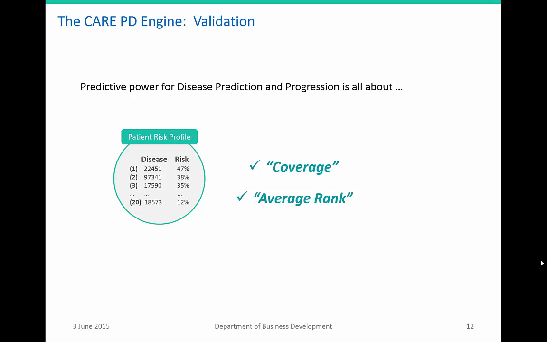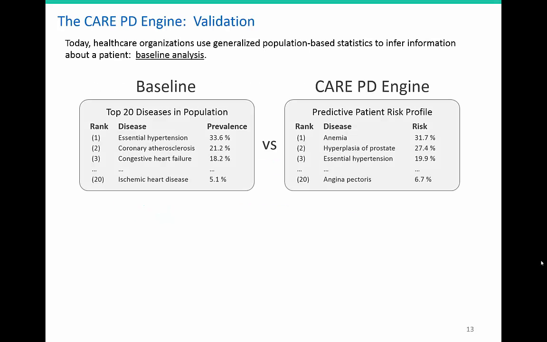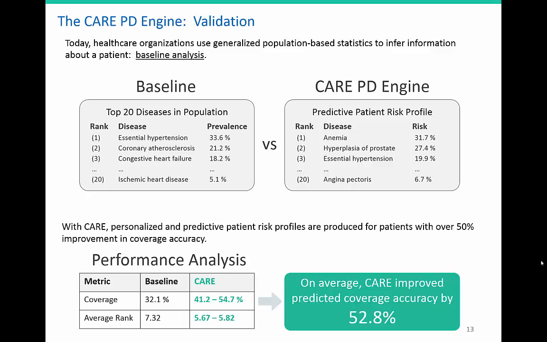To measure improvement performance, we then compare CARE's predictions to a baseline, generalized statistics for disease prevalence that exist in the general population over time. There are 2 performance measures that have value to disease prediction. One is the ability to accurately predict at-risk conditions that actually are then diagnosed for a patient. This is the coverage metric. The other is how well does the rank order of disease predictions place the most likely conditions towards the top of the list when compared to actual patient outcomes.